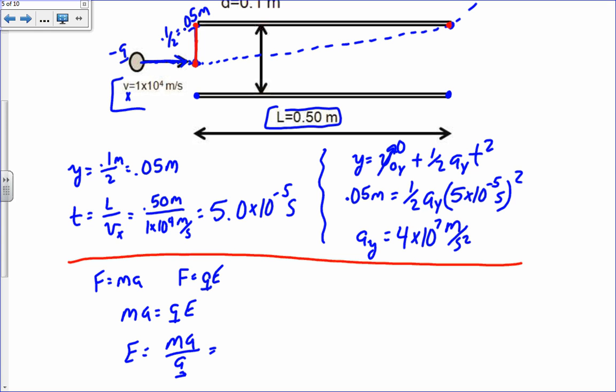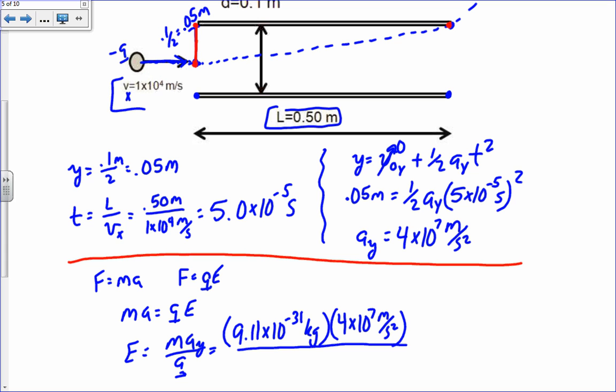Okay, I know what the acceleration is. That's my acceleration in the y direction. And so now I can solve for these things. Mass is the mass of an electron. That's 9.11 times 10 to the minus 31 kilograms. Again, just a number that's good to have on the tip of your tongue. 4 times 10 to the 7th meters per second squared divided by Q, which is 1.6 times 10 to the minus 19.